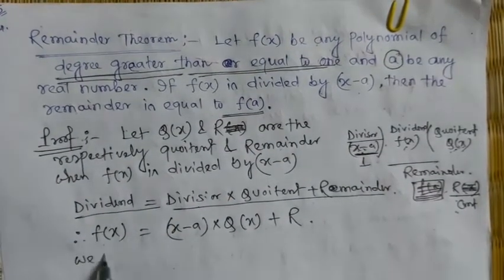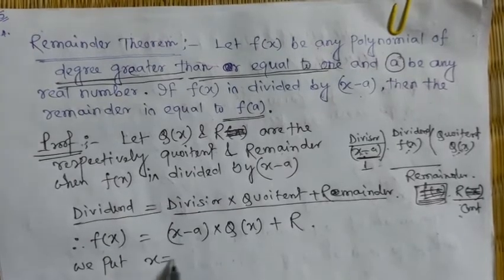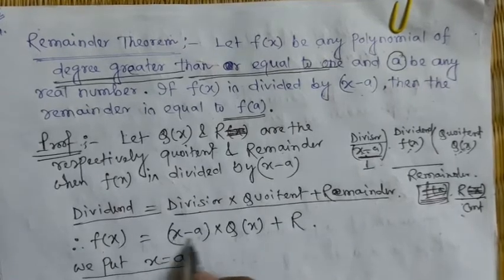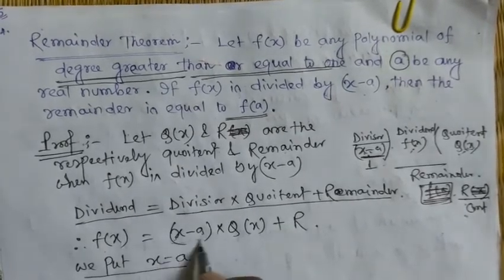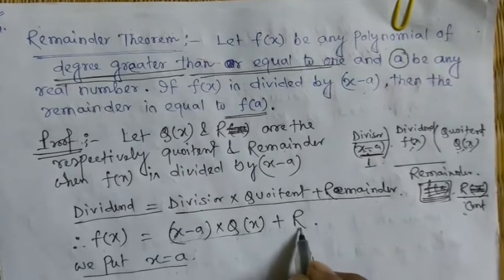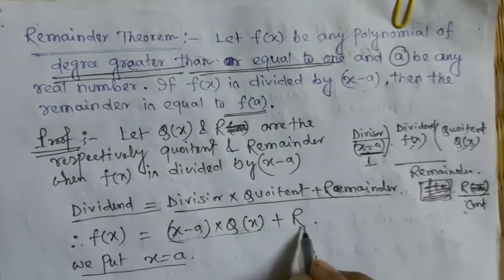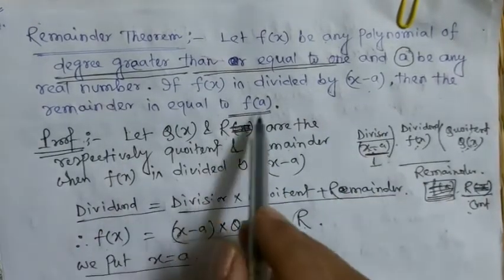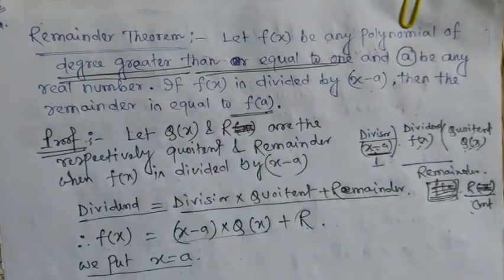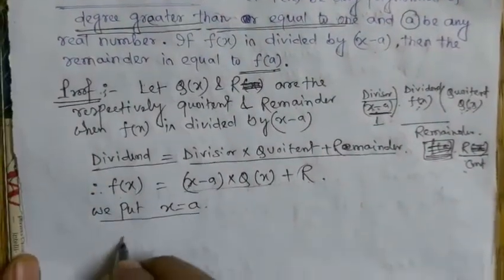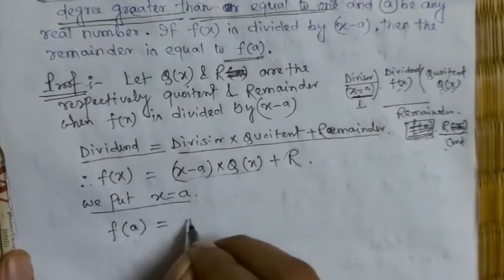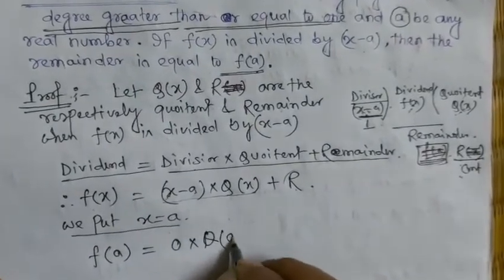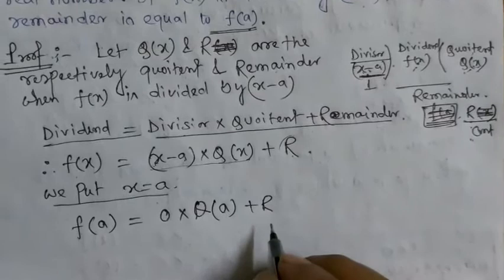So we put x equal to a, because if you put x equal to a, then x minus a, which is a minus a, is 0, that means the whole term is cancelled. So we find only r. r means remainder, and the claim is that the remainder is equal to f of a. So we put x equal to a, then f of a is equal to 0 multiplied by q of a plus r.